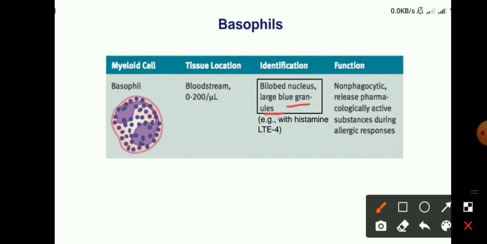In H&E stain, basophils retain the blue stain, so that's why they appear blue. The function is not phagocytosis; they release pharmacologically active substances during allergic responses.